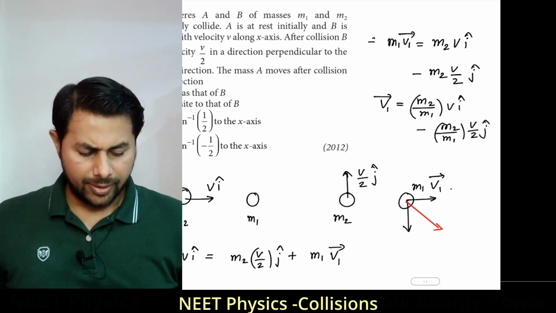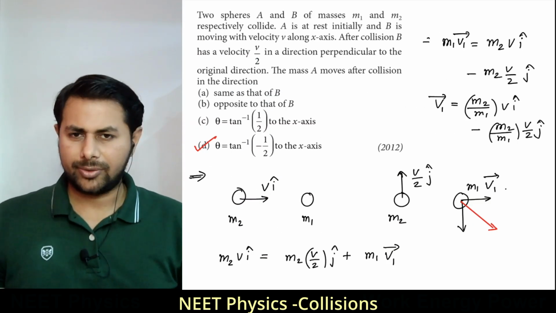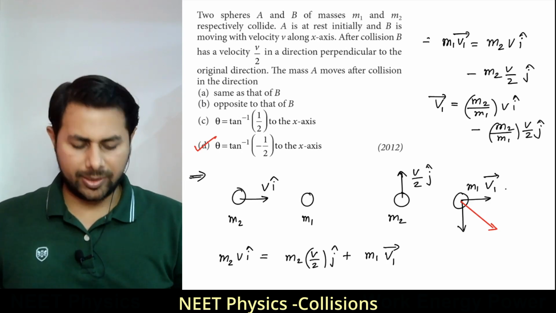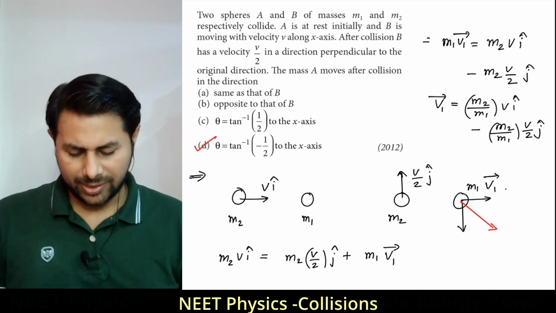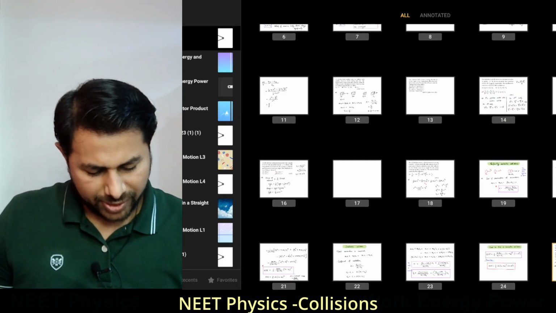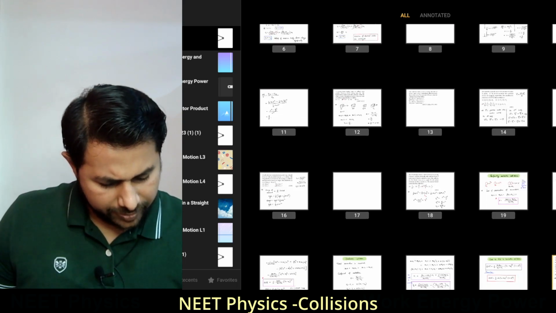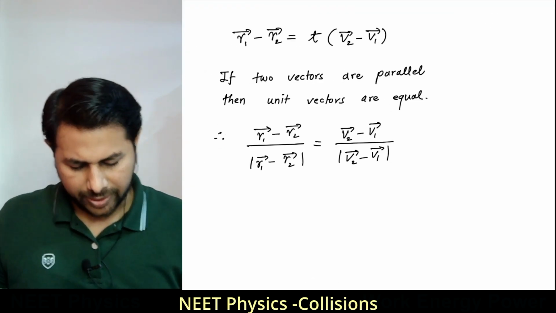Right, good. So now we have solved some questions based upon collision. If you know the formulae, all of the questions, except for that one position vector based question, were very simple. Yeah, this one.